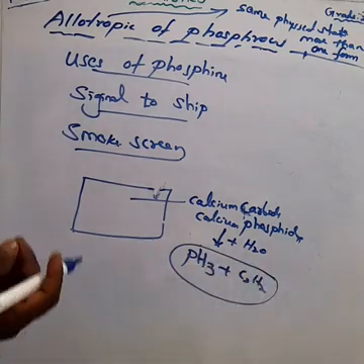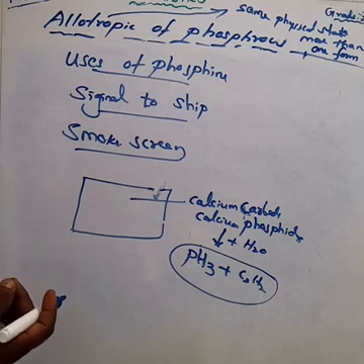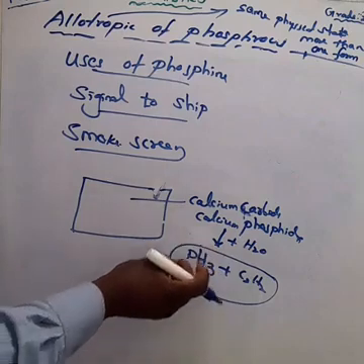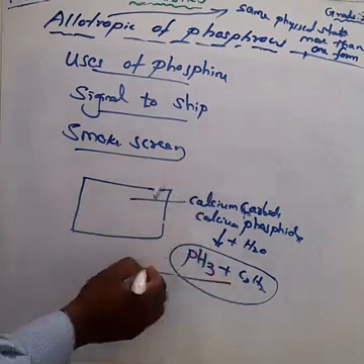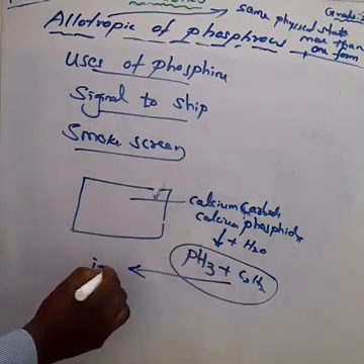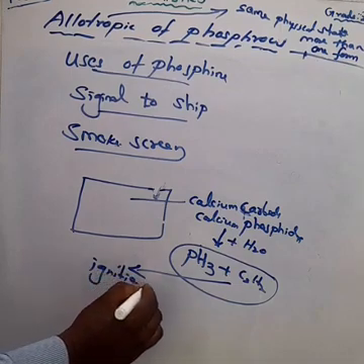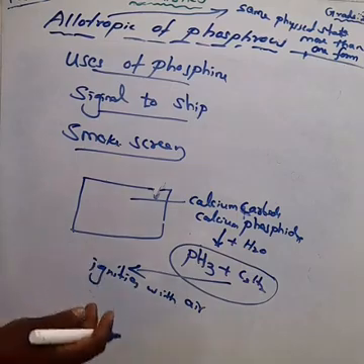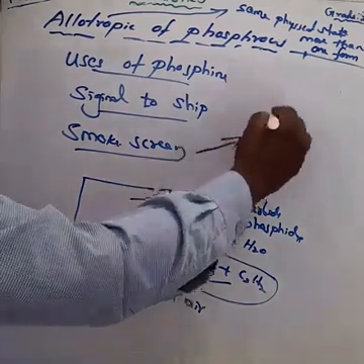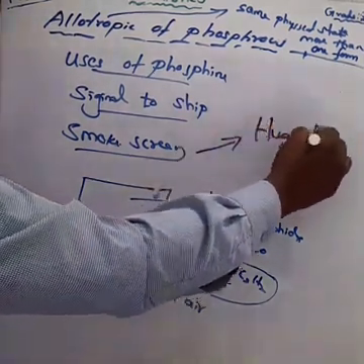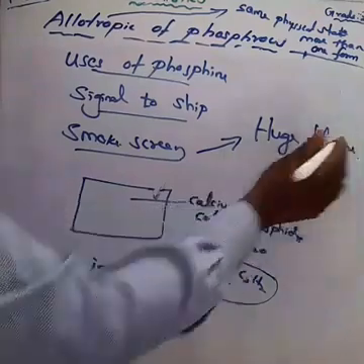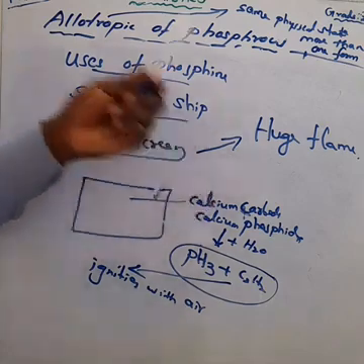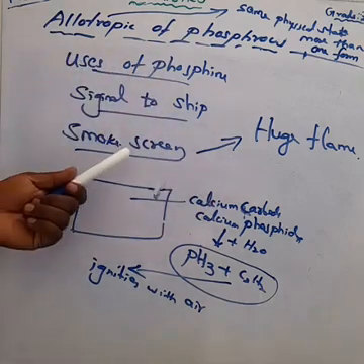Here, this acetylene gas ignites with the air and catches fire, and phosphine also catches fire. Due to this fire it makes a huge flame, with large smoke like that.